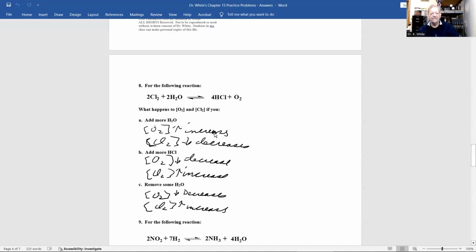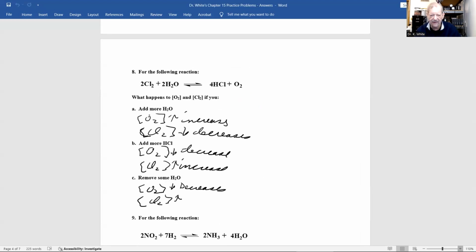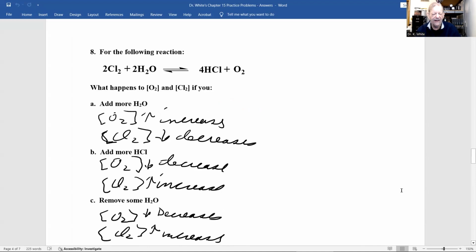All right, this is problem 8 from chapter 15, practice problems. Now you're given an equilibrium right here. What happens, and let's just do oxygen concentration, bracket means oxygen concentration, if you add more water.